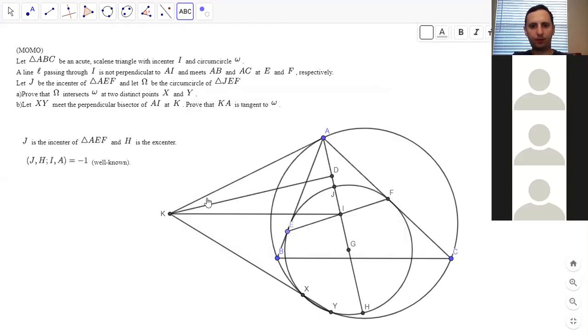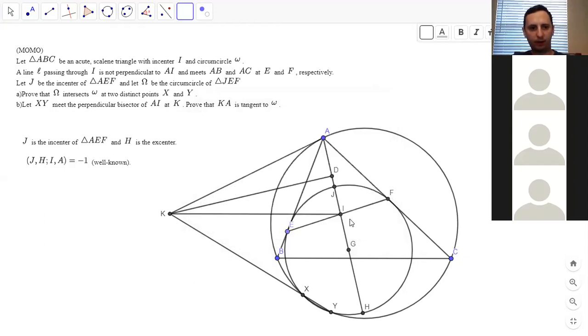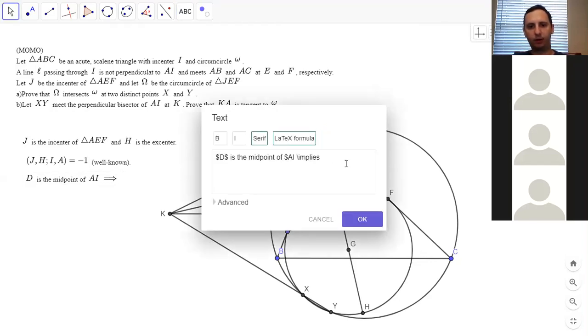And so D is the midpoint of AI. So that means that DJ times DH equals DI squared.